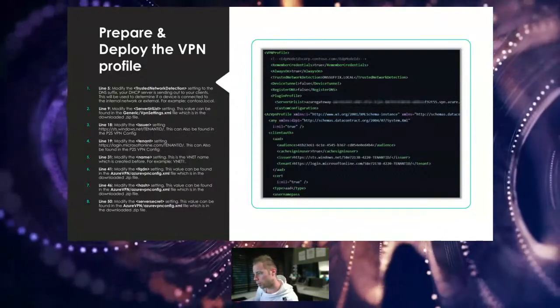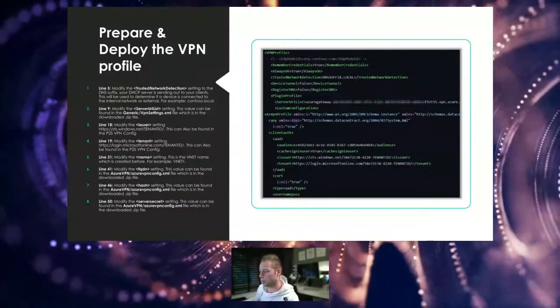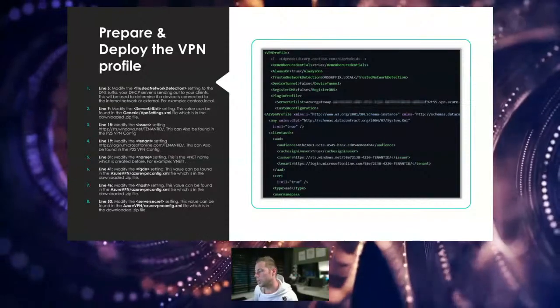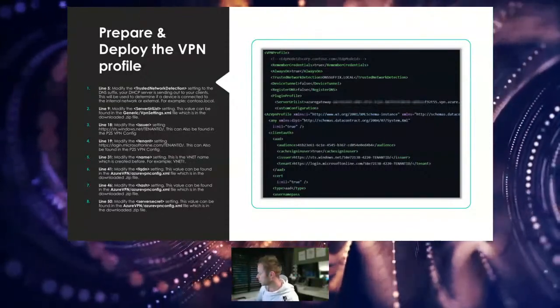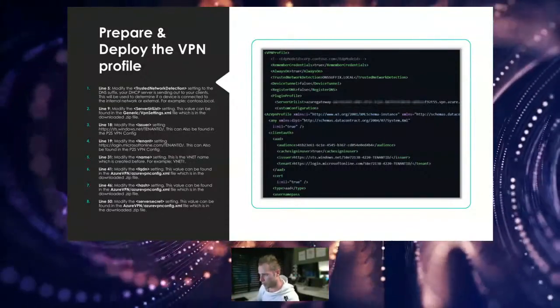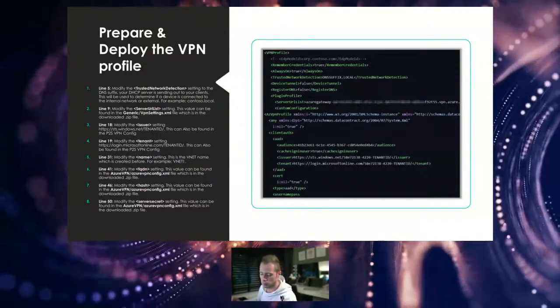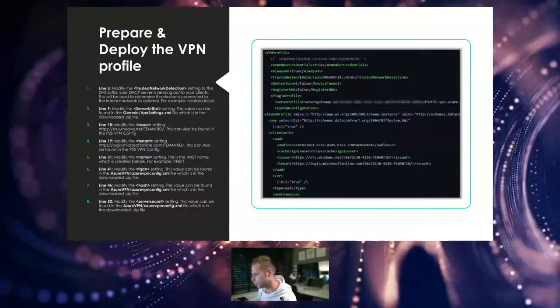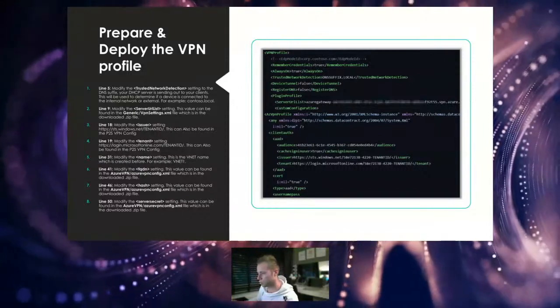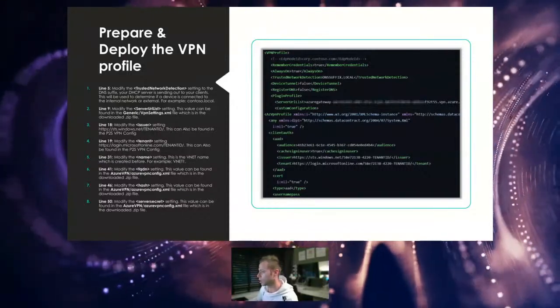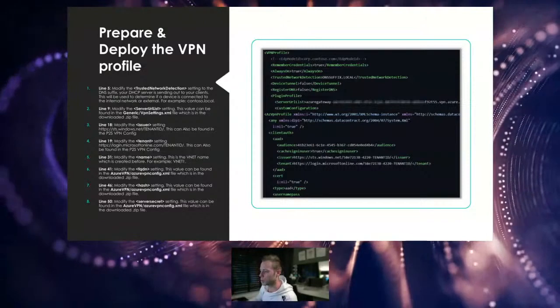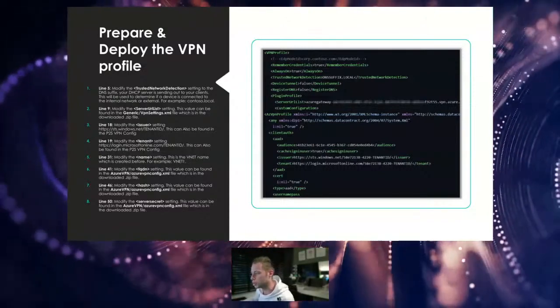Same for the tenant parameter. And then we come up with the name parameter. And this one is exactly the same as our VNet name, where the VPN gateway is living in. So if you create a new virtual network while deploying the VPN gateway, you have to remember the VNet name because you need it in this part of the configuration.